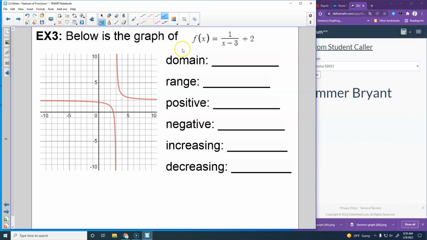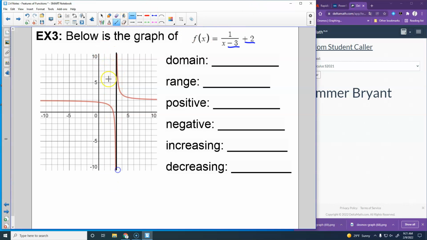All right. Here's a rational. We haven't done a rational yet, so we're going to do this one together. So for this rational, notice I've got a -3 and a +2. So it has been moved to the right 3.